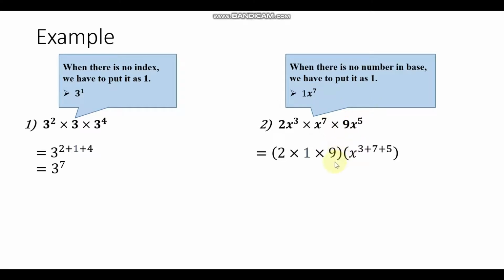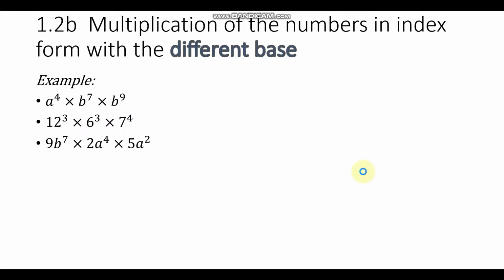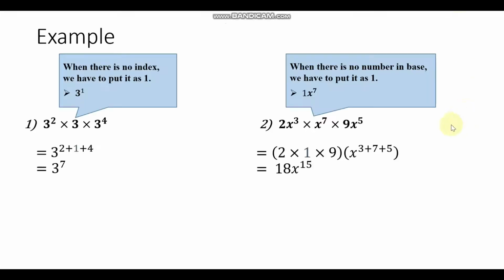In the second bracket, we start with the term x with the power of 3 plus 7 plus 5, and then we have the answer of 18x to the power of 15.